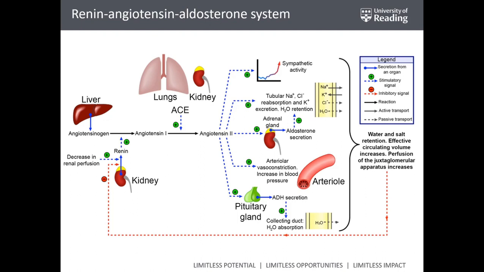I signpost you to the lectures on the regulation of the cardiovascular system and of the blood pressure. So the short term is the sympathetic regulation of blood pressure, and it's almost immediate. Then the mid-term regulation, because a decrease in blood pressure results in a decrease in renal perfusion, which leads to the renin-angiotensin system activation.